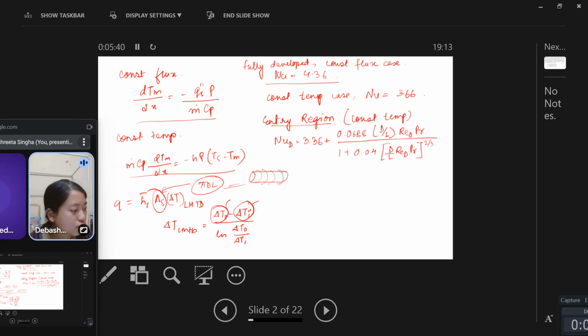And all these are not actually required. So mainly the Dittus-Boelter equation, the ones which are very commonly used, those you can learn by heart a little bit. These bigger ones, mostly it should be provided. Okay. Yeah.